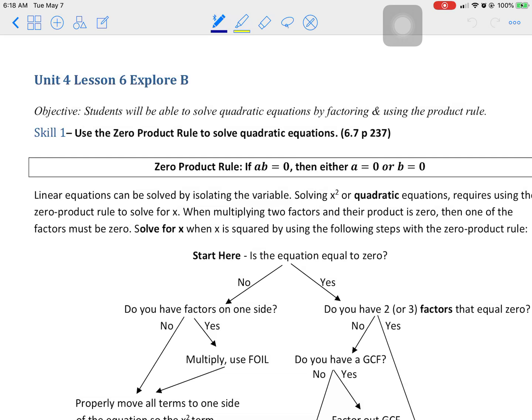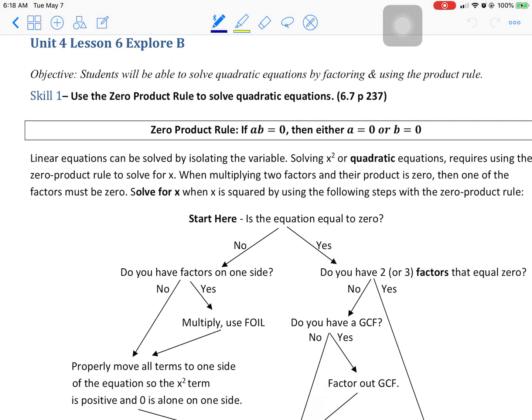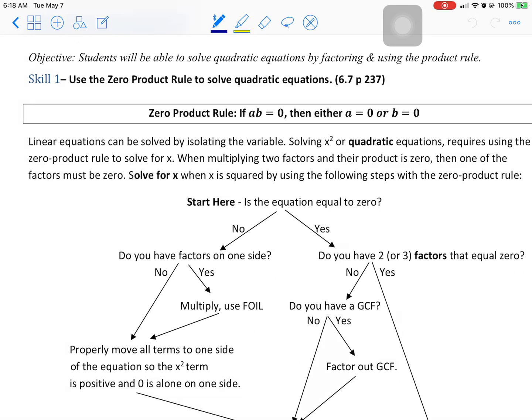Let me do the flow chart on this one. Students will be able to solve quadratics by factoring and using the product rule. The product rule says if one factor is equal to 0, then both multiplied together will equal 0. We'll get into that when we have the equations.